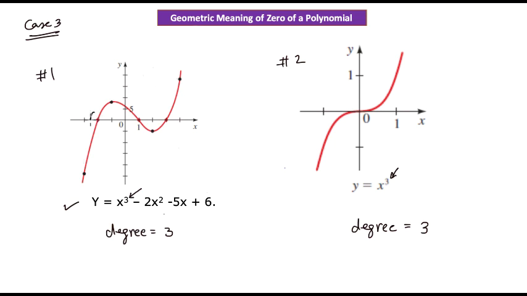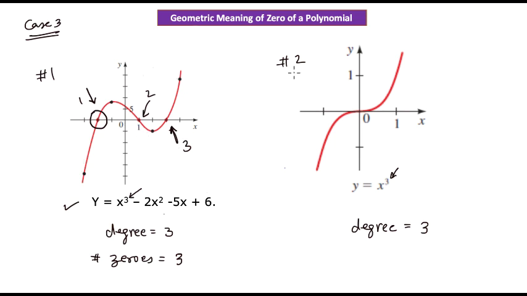Well, we will simply look at the points where these polynomials intersect with the x-axis. So this is 1, this is 2, and this is 3. In diagram number 1, I'm finding that the number of zeros, or the number of solutions, is equal to 3, because there are 3 places where I see this curve intersecting with the x-axis, right?